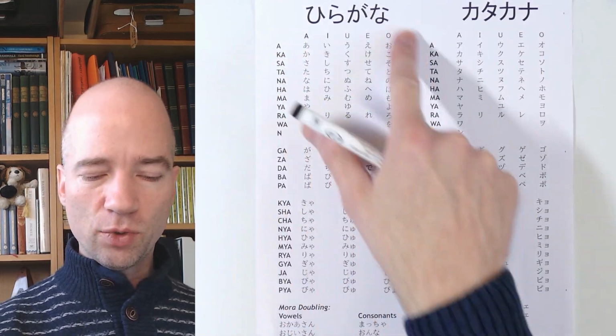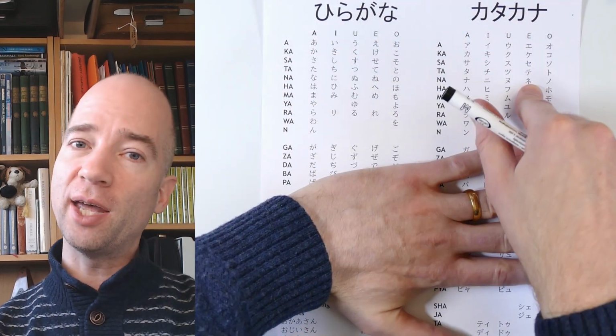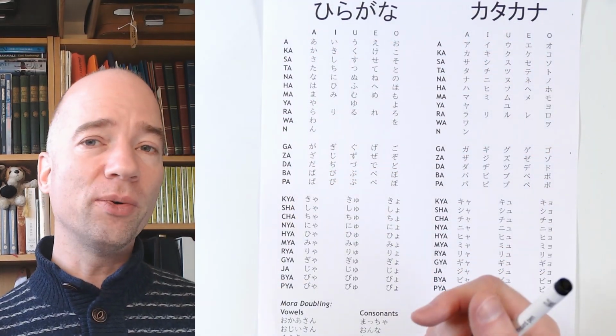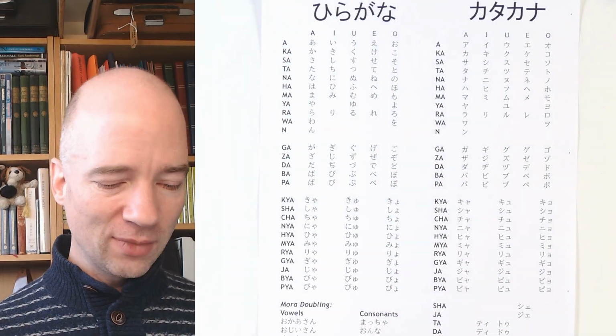So those are the standard ones at the top. Those are the basic ones. If you know the ones on the top there, you really are good to go. The rest is just logical combinations of them.